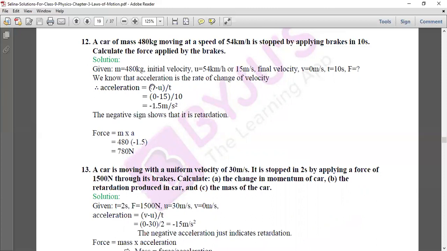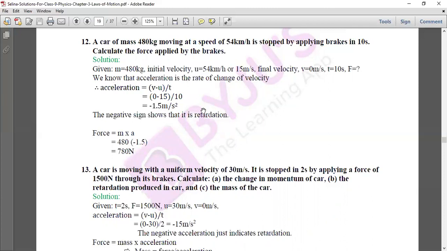Here we know that acceleration is the rate of change of velocity. So acceleration is equal to v minus u divided by t. That is 0 minus the initial velocity 15, divided by time 10. So it is minus 1.5 meter per second square.